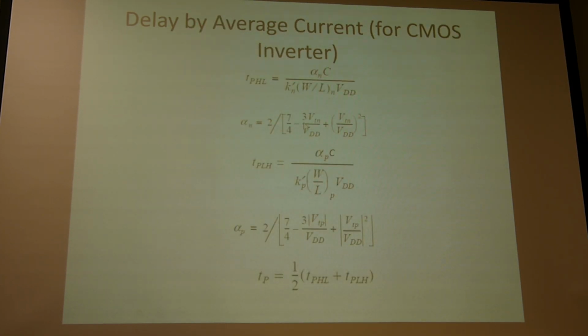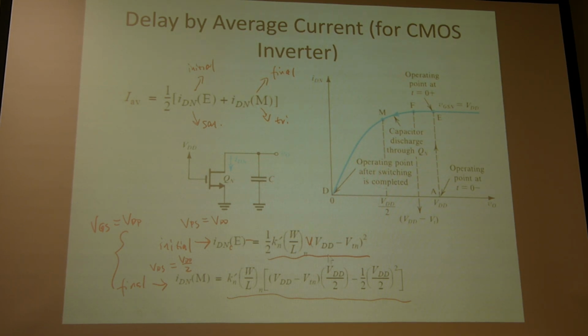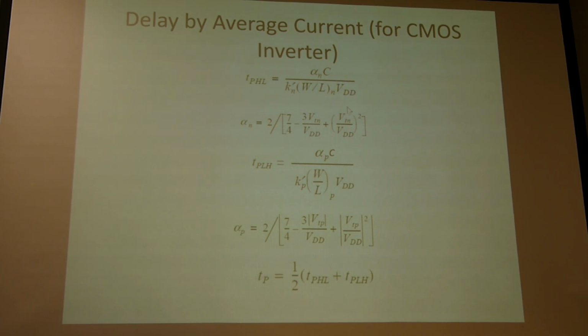And I think the reference textbook has done the derivation to get the TPHL. And if you plug in all the equations here, then eventually you will get this formula. And it's very complicated. So basically the TPHL depends on the capacitance and also the coefficient of the current equation, and then the VDD.